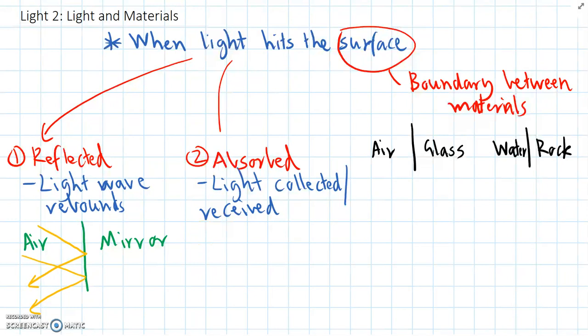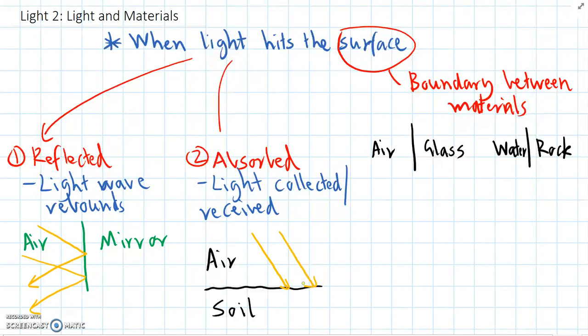So this often happens on the ground, where we have the boundary between the air in the atmosphere and soil on the ground. And when light rays from the sun hit the soil, a lot of those are not reflected, but they're absorbed into the soil.